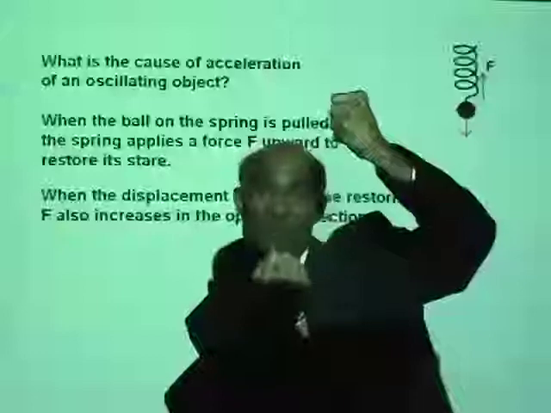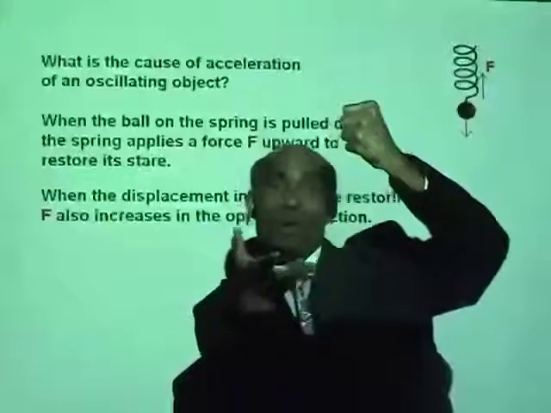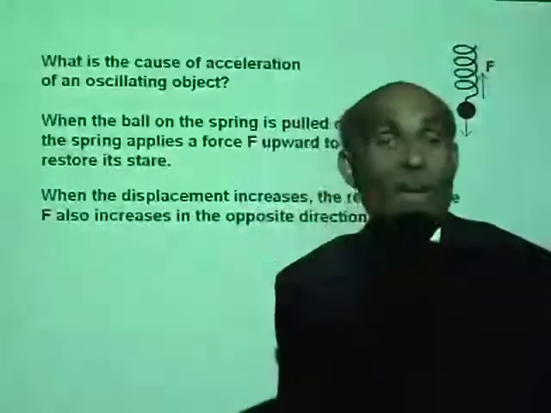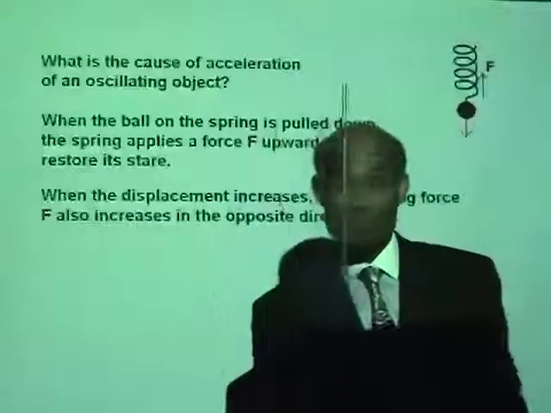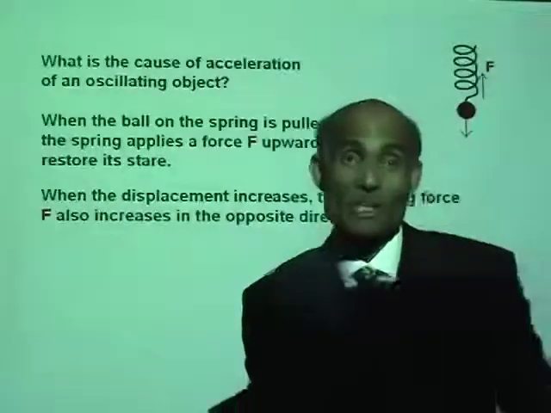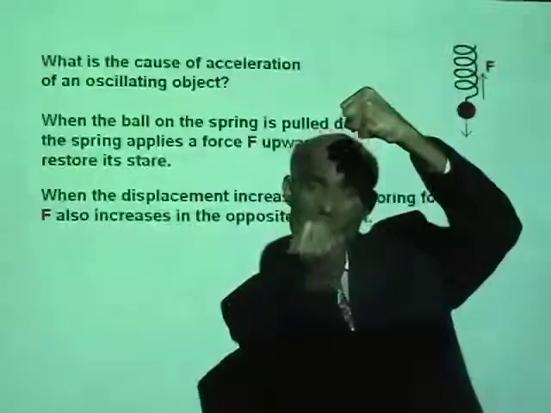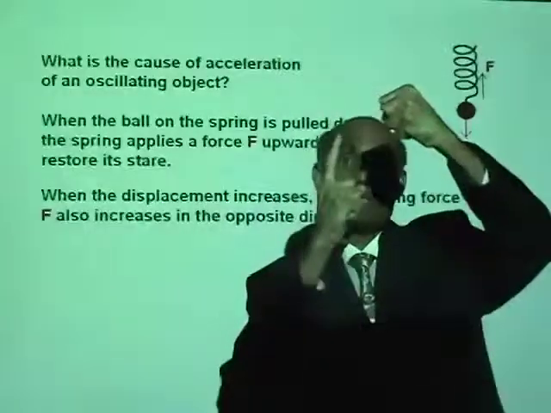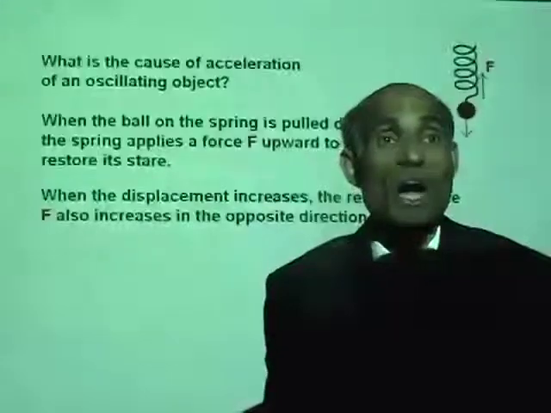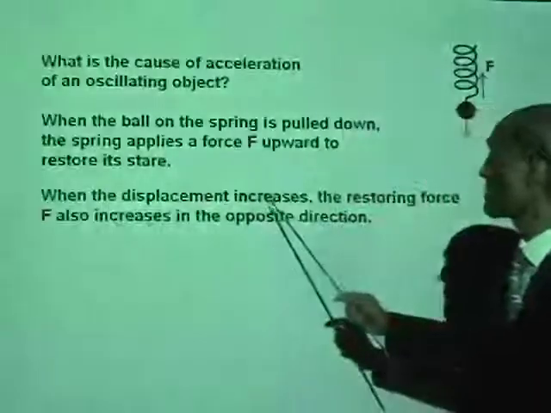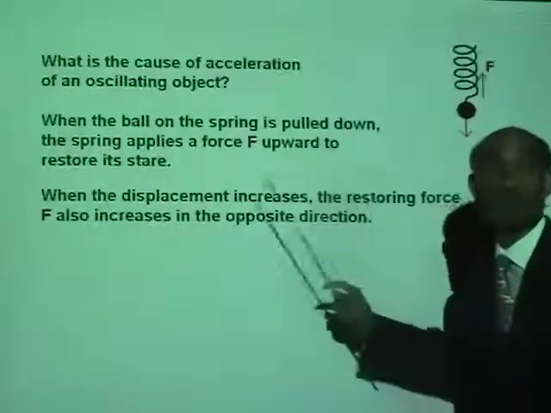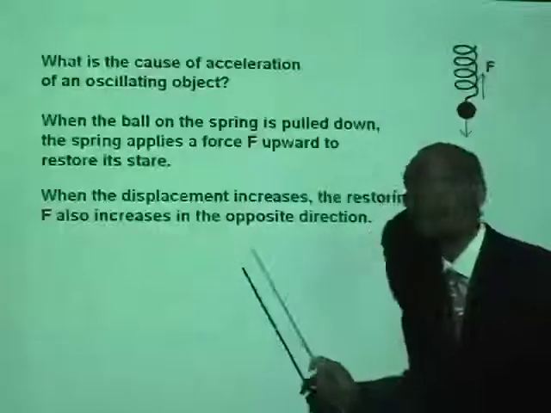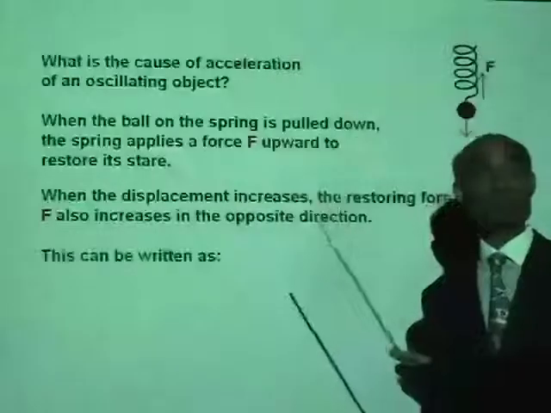In the opposite direction, of course. If you pull the spring, the displacement increases downward, the restoring force will be upward, in the opposite direction. When the displacement increases, the restoring force F also increases in the opposite direction.